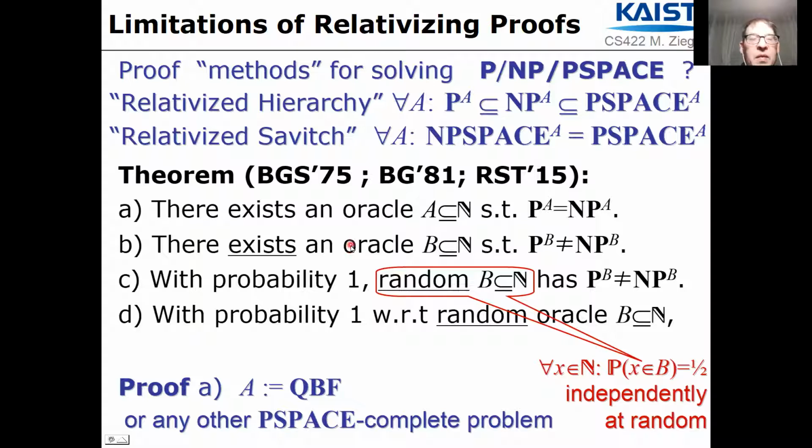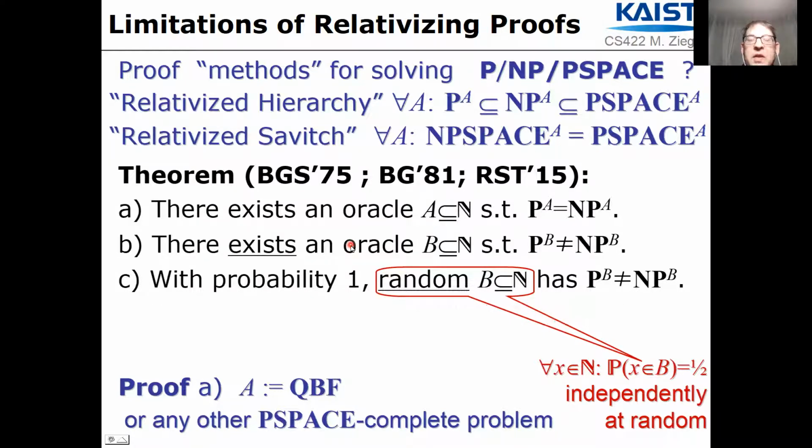There's a strengthening of item C. So item C is obviously stronger than item B, and it was proven 6 years later by Bennett and Gill. So Gill is the same author as in the earlier paper.